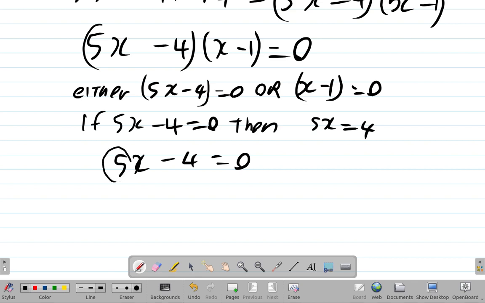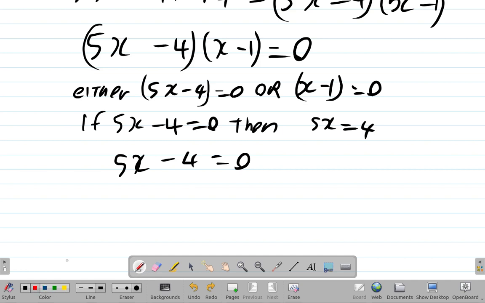You don't want any 5 nor any minus 4 mixed up with the x. You want to end up with x equal and no other number mixed up with the x. So what you do, get rid of the 4 and get rid of the 5.